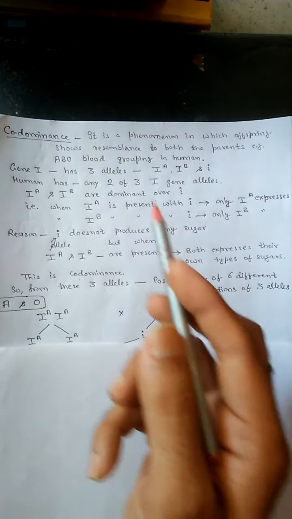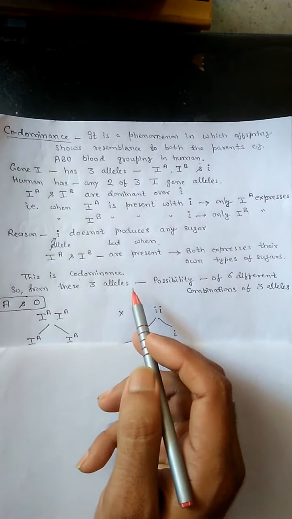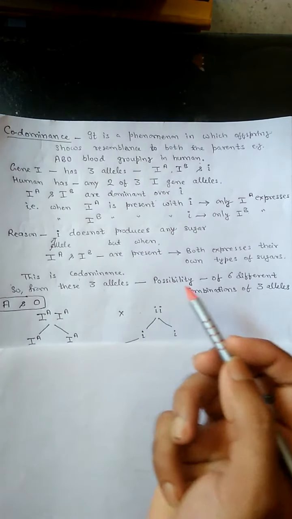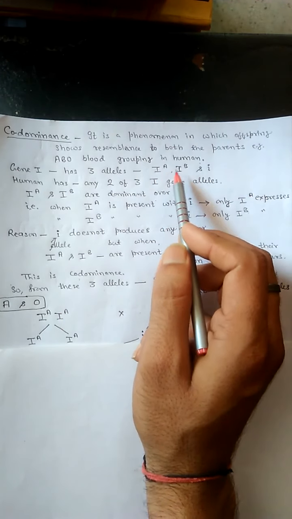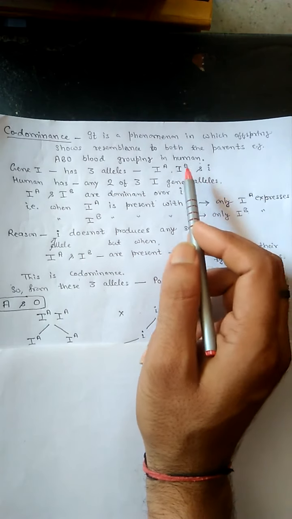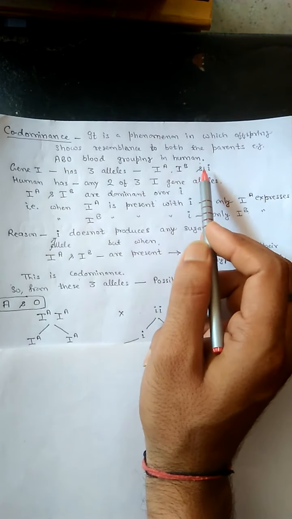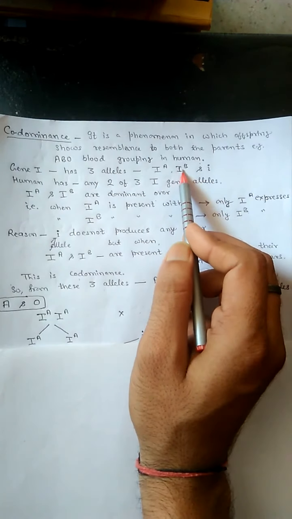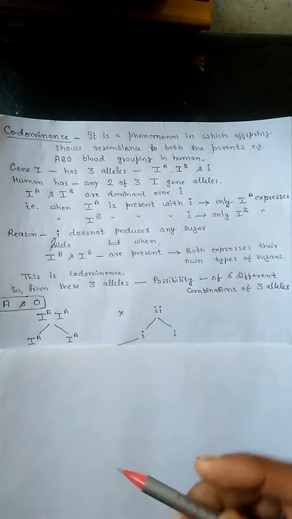This is a case of codominance. So from these alleles there are a total of six possible genotypes: IAIA, IBIB, ii, IAi, IBi and IAIB.